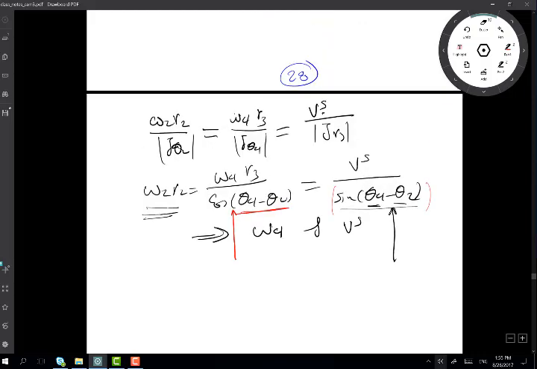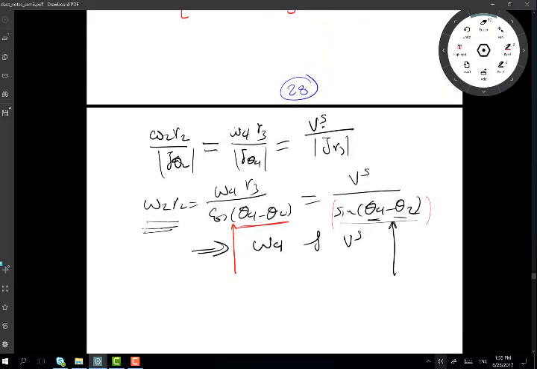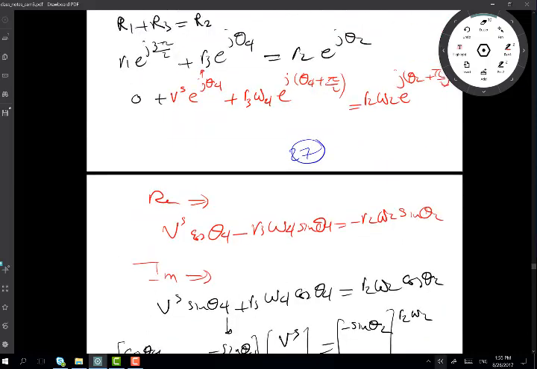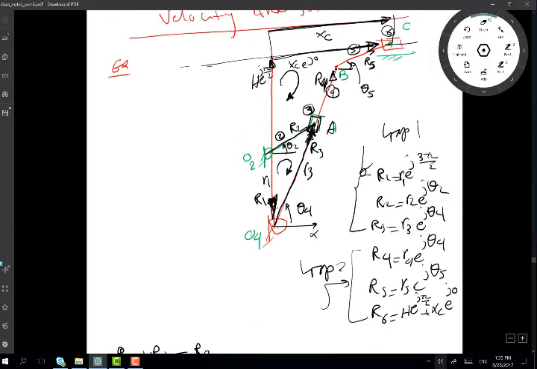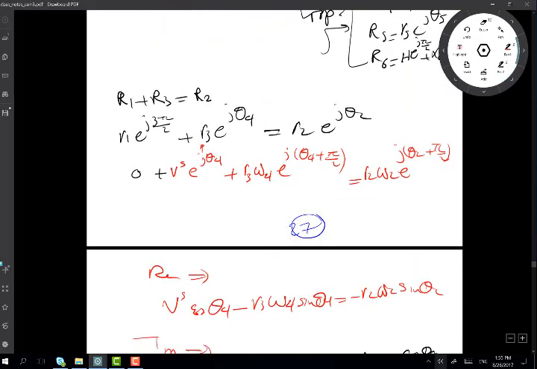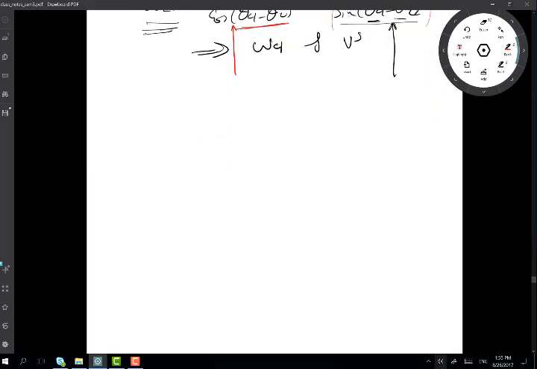Now if I move to the next loop, I can just add those vectors. I can say R6 is the sum, R6 is equal to R4 plus R5.